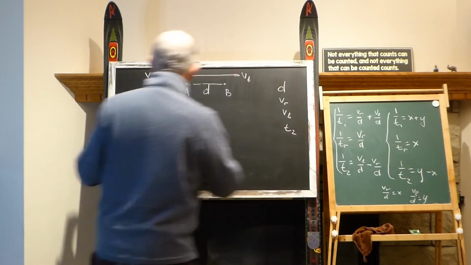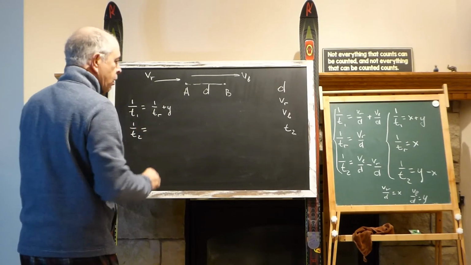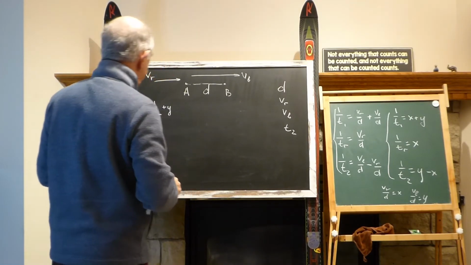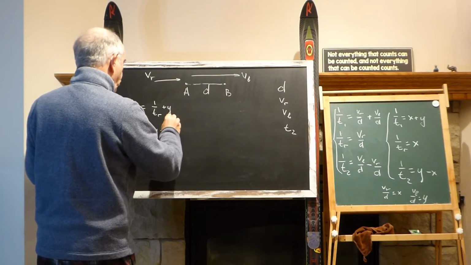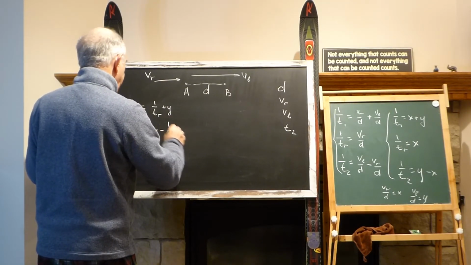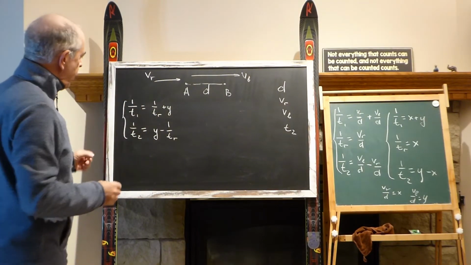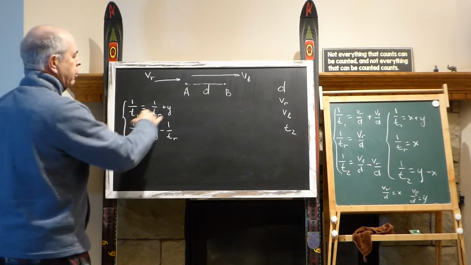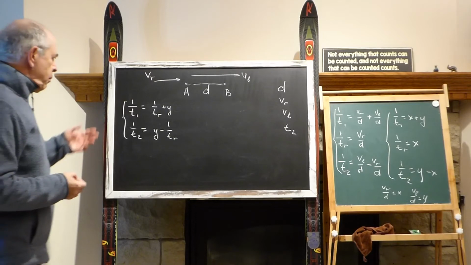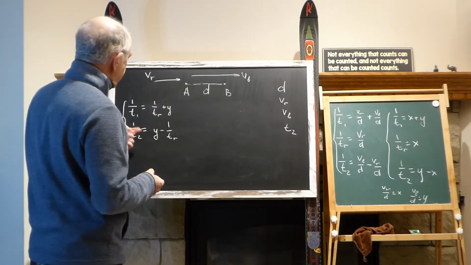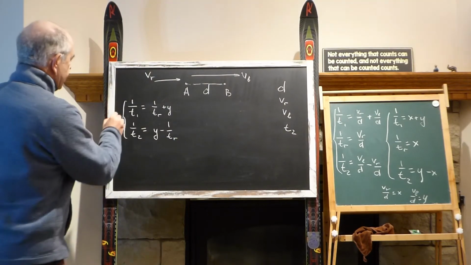And here we put it into the second equation: 1 over T2 equals y minus 1 over T river. So when I have two equations and two unknowns, T2 that we want to find and y that we want to get rid of, we can find y from here and put it here, but it is so simple that why don't we subtract?